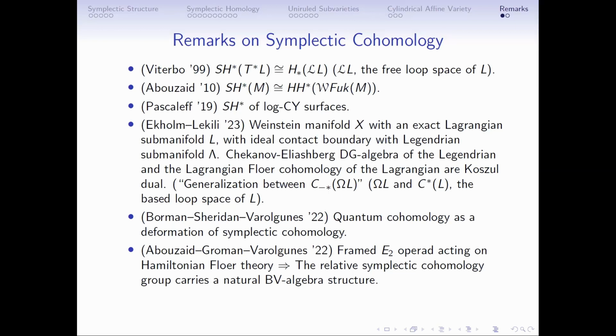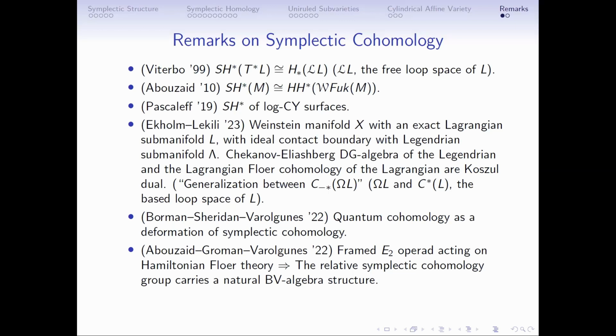And if anyone likes Koszul duality, there is a Koszul duality here. We have a Lagrangian skeleton: consider a Liouville vector field and Liouville flow, and flowing down for time minus infinity, we get a skeleton.